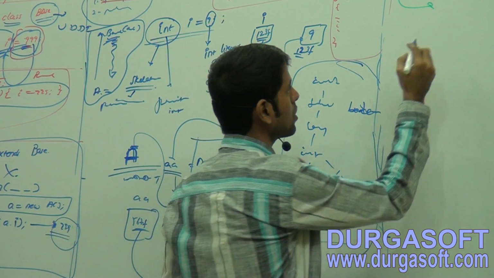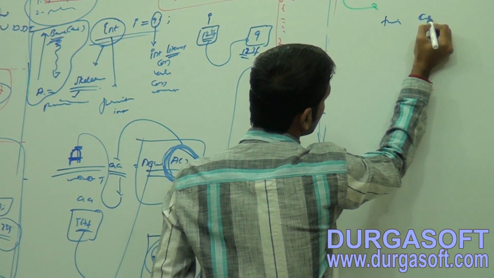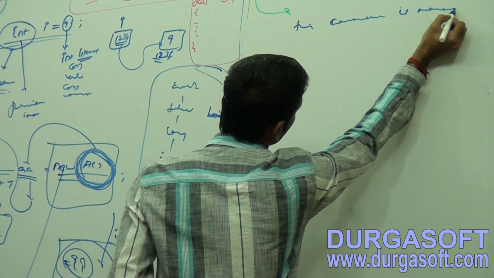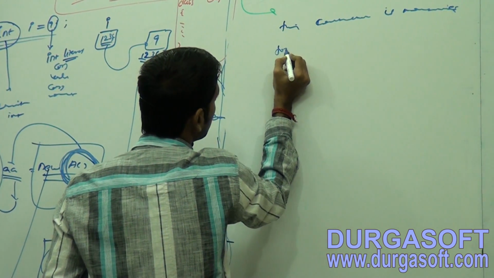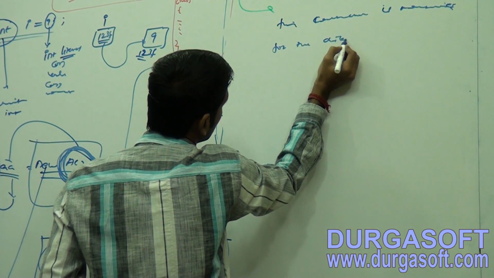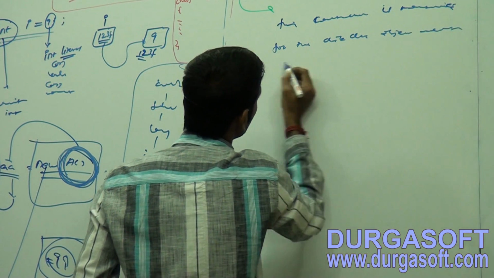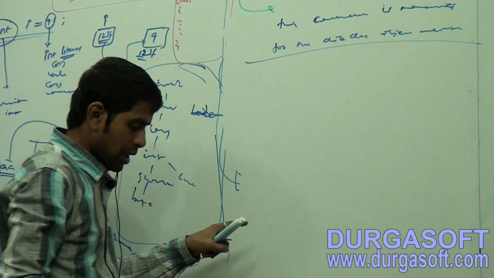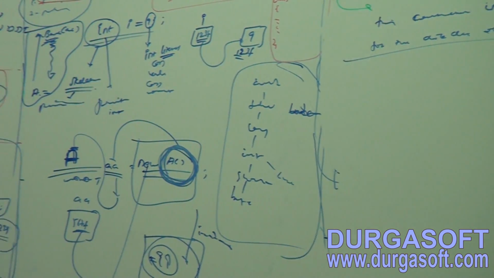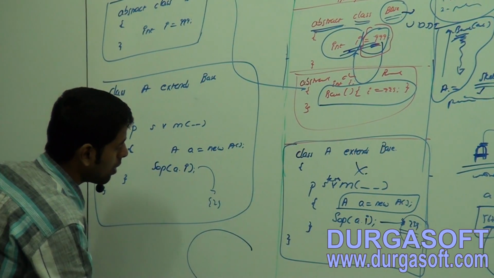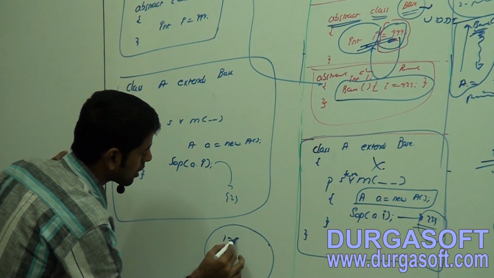So this constructor is maintained for child class object creation, meaning to initialize the data at the time of child object creation.